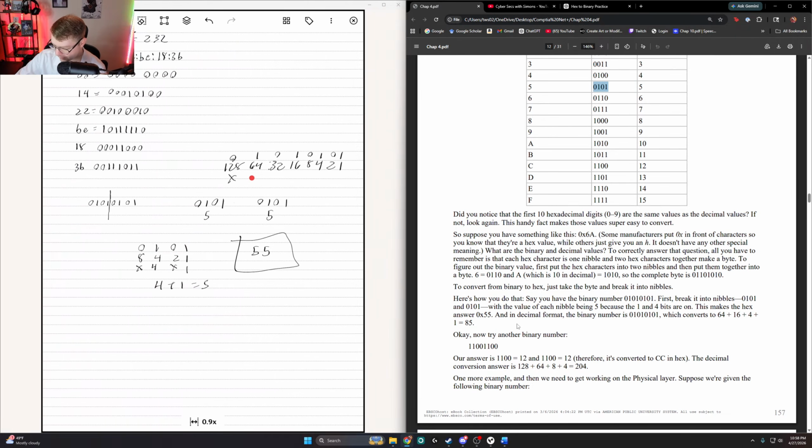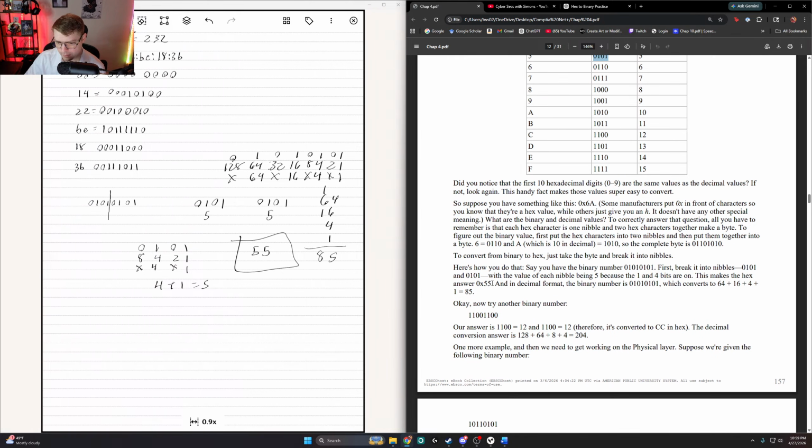We don't add that. 64 is turned on. 32 is turned off. 16 is turned on. 8 is turned off. 4 is turned on. 2 is turned off. And 1 is turned on. So 64 plus 16 plus 4 plus 1 equals 85. Public math scary.